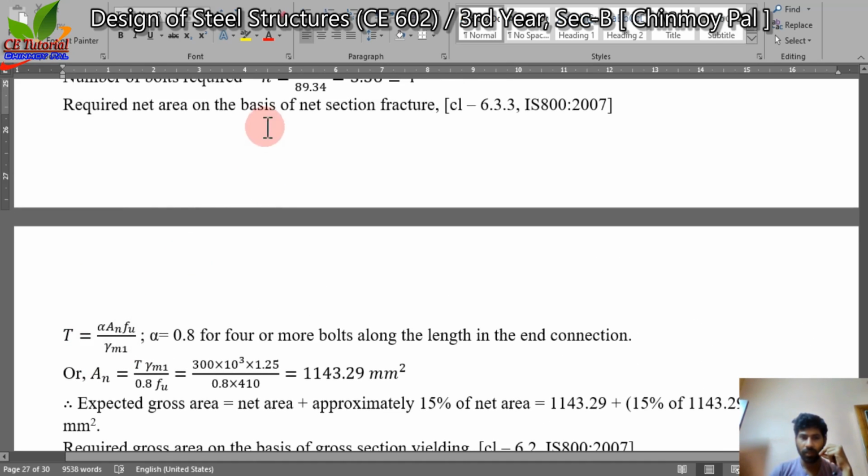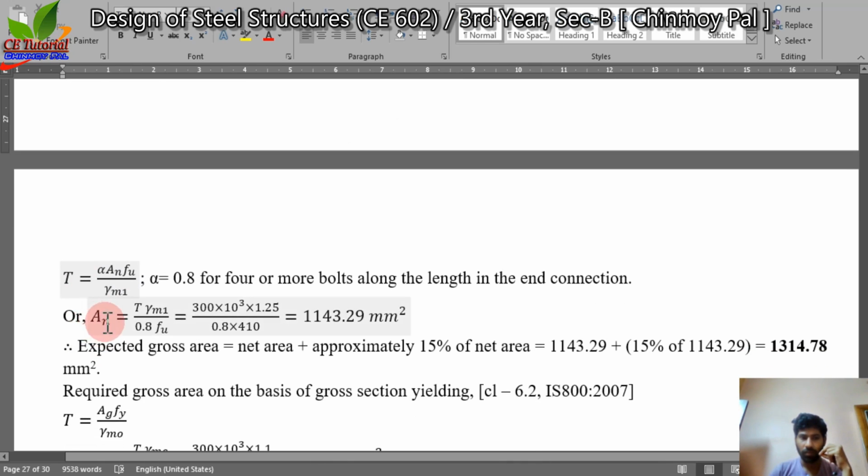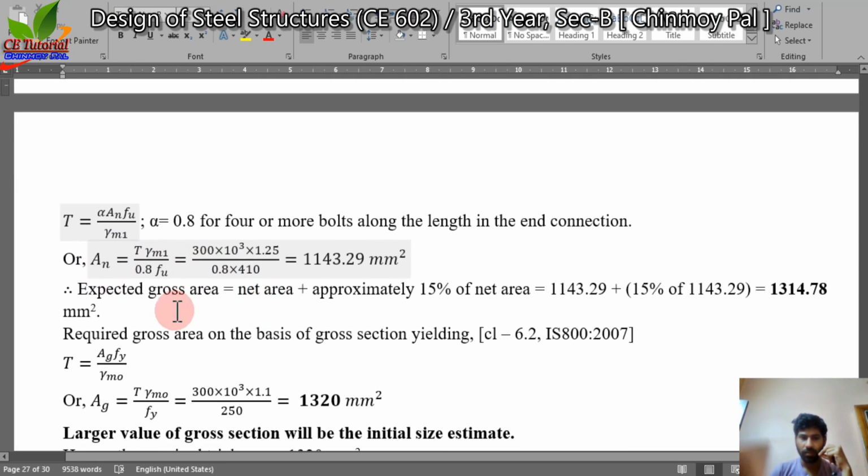So from net section fracture we can calculate the net area, that is 1143.29 millimeter square, and we have to calculate the gross area.